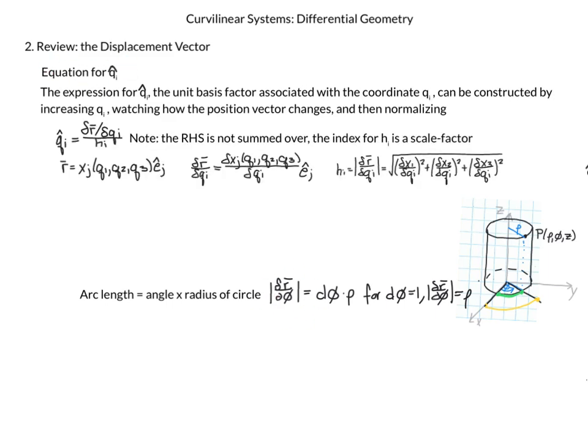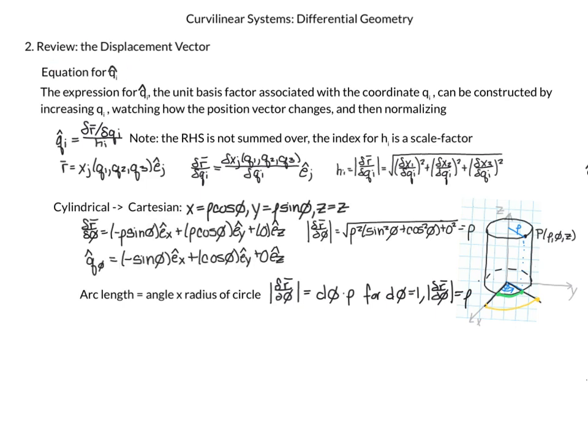Coming back to our equation for the basis vector, we had this equation that we looked at in our last video. It tells us that for the basis vector, we look at a change in r in the ith coordinate direction, and then we normalize.